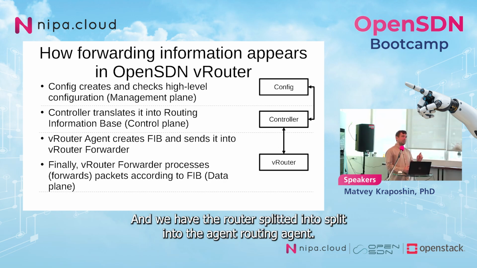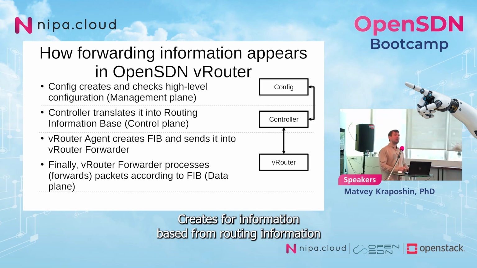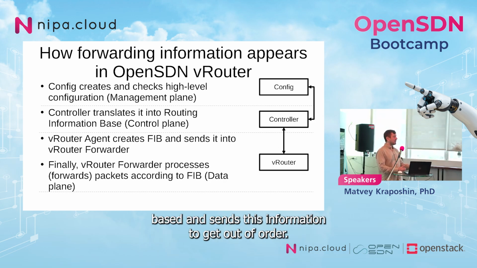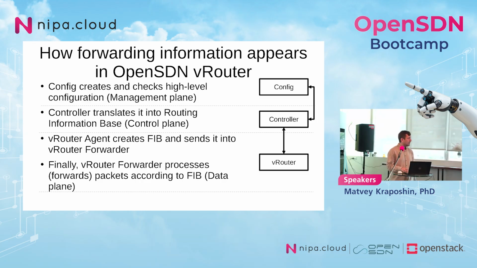And we have the router split into the router agent. The router agent creates forwarding information base from routing information base and sends this information to the router forwarder. And the router forwarder creates its own flow tables, which are used for packets forwarding.